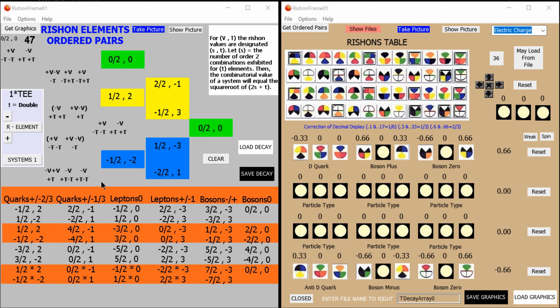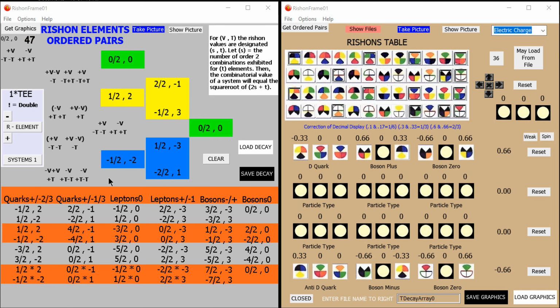And we can see here we have the ordered pair S and T that represents the anti-T quark. And given that these arose spontaneously out of the vacuum of space or the transformation of kinetic energy of some particle.